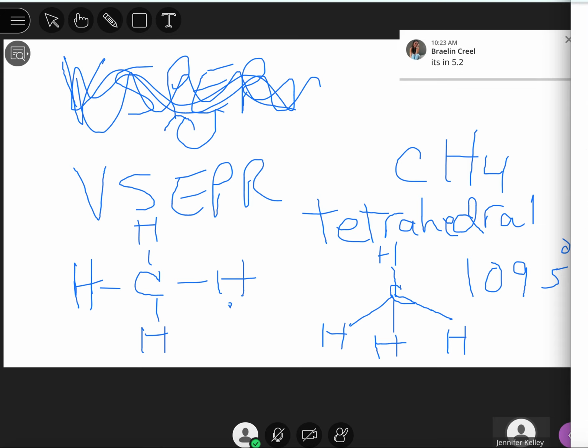All right. Give me 1 second. I'm just looking at section 5.1. I looked at it earlier, and there's not a whole lot in there. One thing that it talks about is the shapes of the molecules.